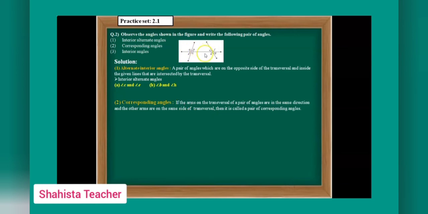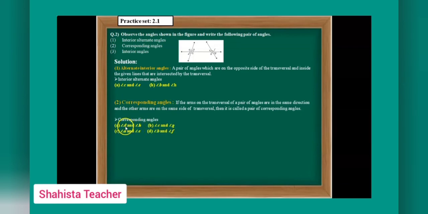So here we will see the corresponding angle pair. And corresponding angle always creates shape F, and alternate interior angle creates shape Z. So here we will see corresponding angles.